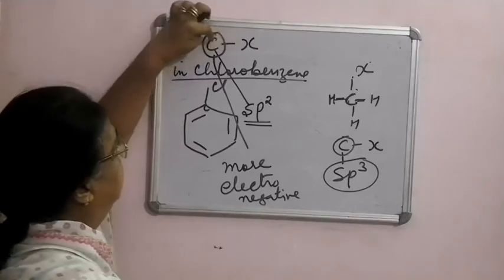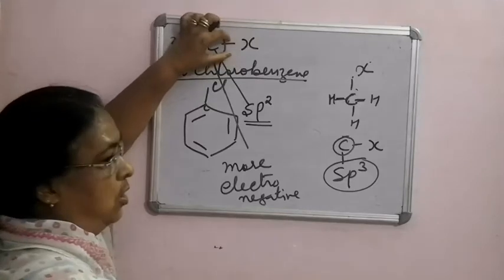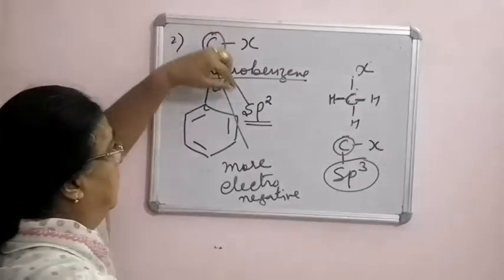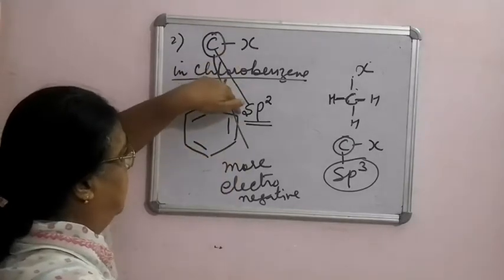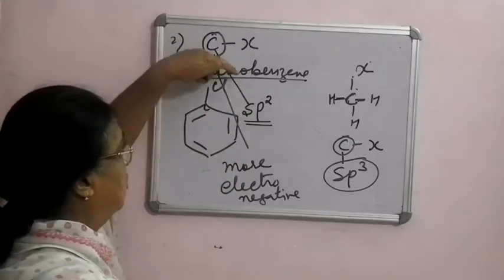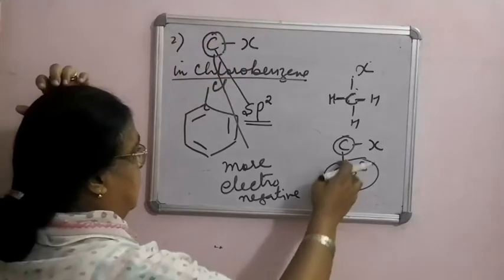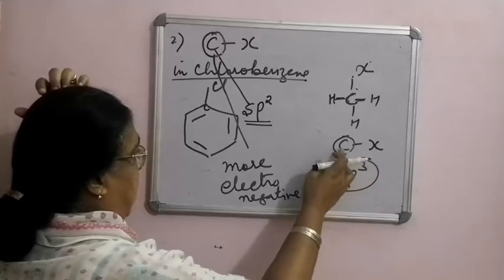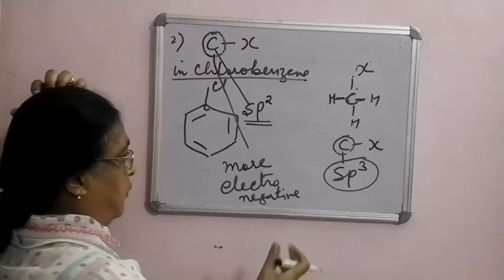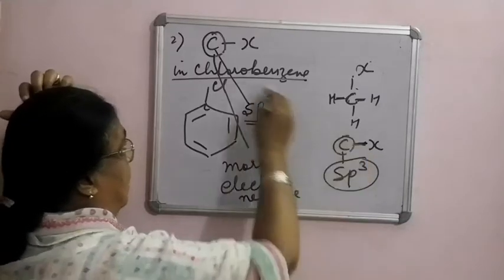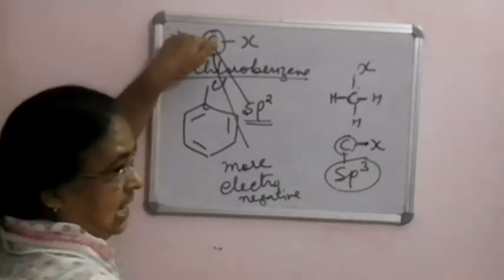So this pair of electrons will be pulled by this and that will be pulled by this, and so the bond length will decrease. Because of the more electronegative nature of the carbon in the carbon-halogen bond due to sp2 hybridization in chlorobenzene, this bond length is reduced. Whereas in this case, carbon in the sp3 hybridized state is not so electronegative, therefore this bond is not that strong, and the bond length is not as short as in this case.